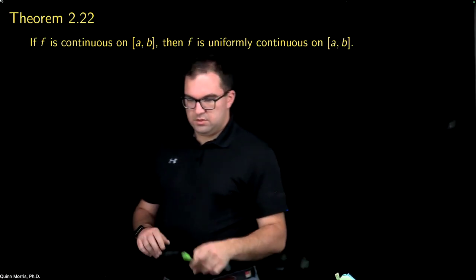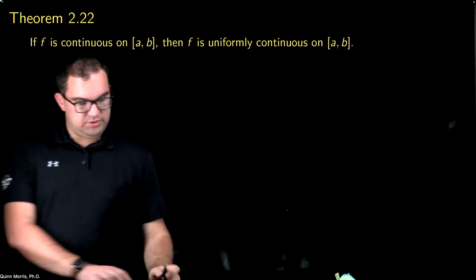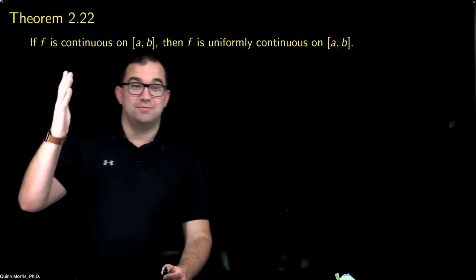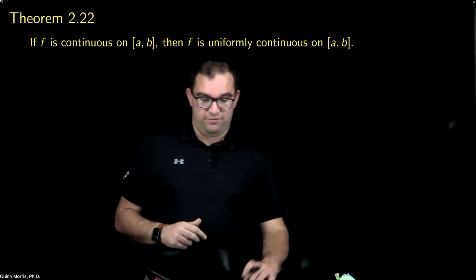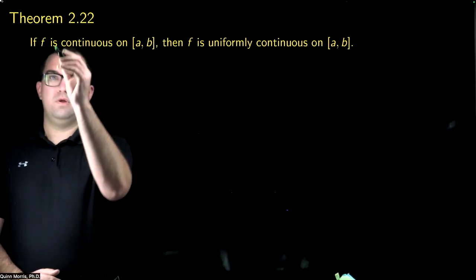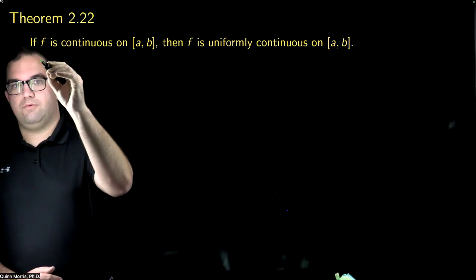All right. So now we are going to choose our delta. Remember we said let epsilon greater than 0 be given. We needed eventually to find a delta, so now we're going to find that delta.